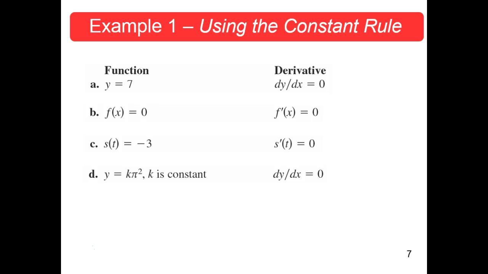y is equal to k pi squared, where k is a constant. Is it 2 pi? How about 2k pi? The thing is, pi is not a variable. Pi is a number, 3.14 and so on. So pi squared is a number. k is a number.